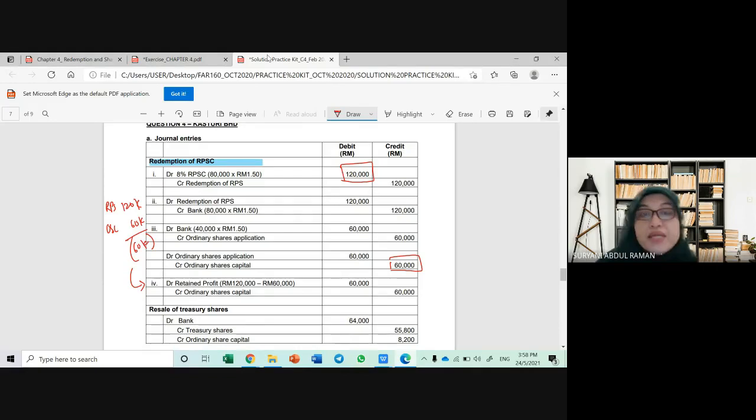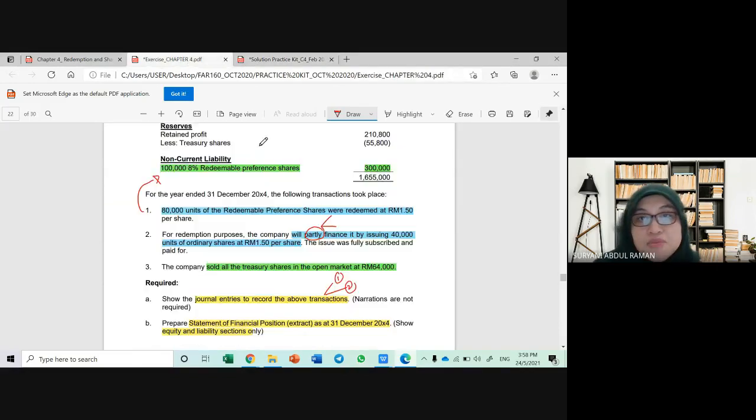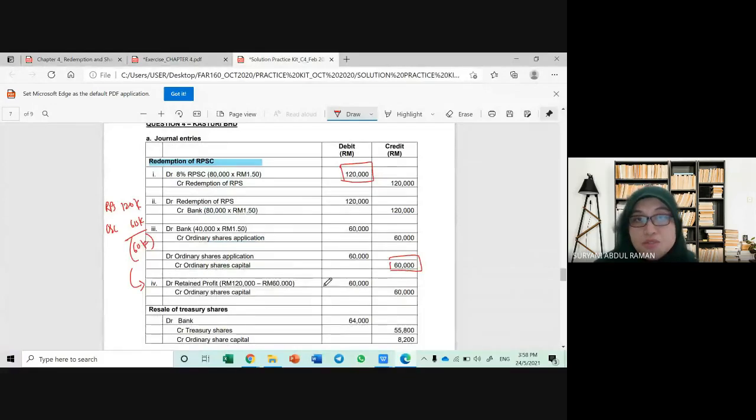That is the reason why it said this redemption is to be partly financed, meaning you have to use another portion of another method. Part is funded by selling shares, and the other part is out of profit. So the 60,000 balance will be taken from the profit and transferred to OAC. So at the end, it is tied up to 120,000. We are done with the first transaction.